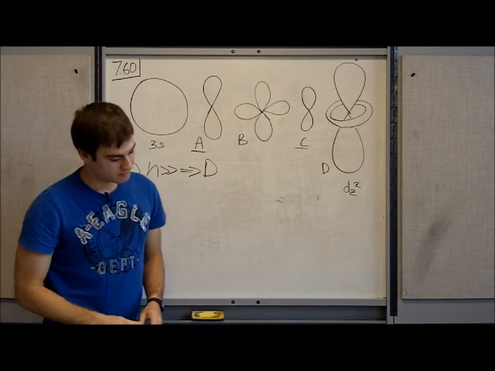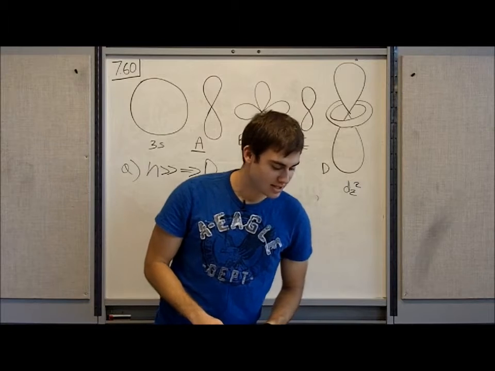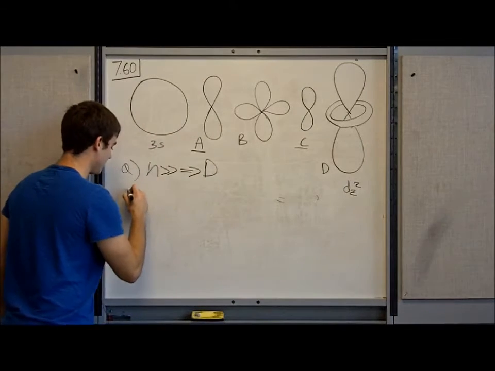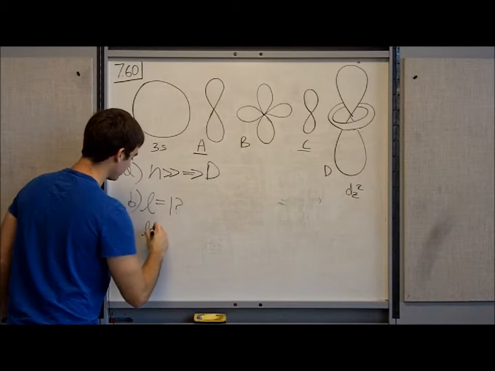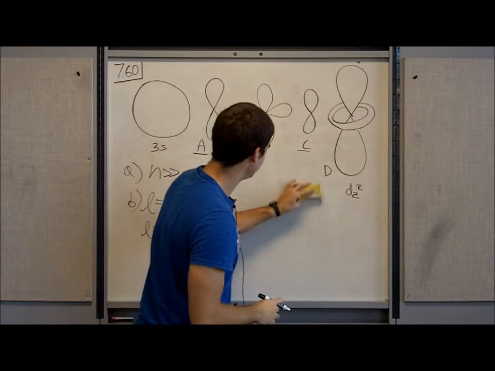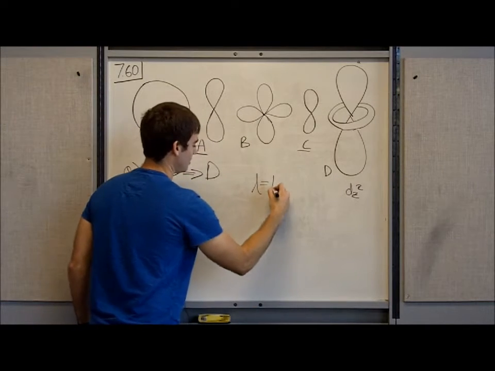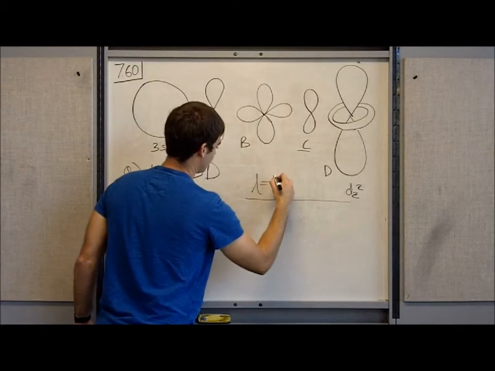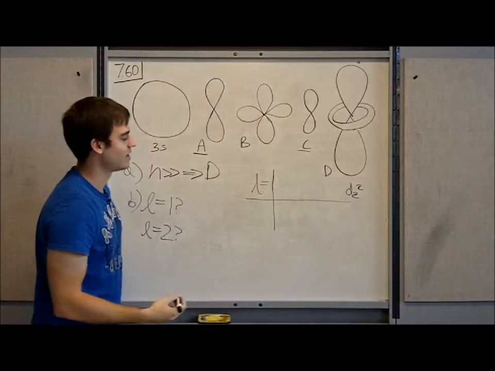The second question is, which orbital has a value of l equals 1 and l equals 2? If you recall, l is like a code for the type of orbital that you have.